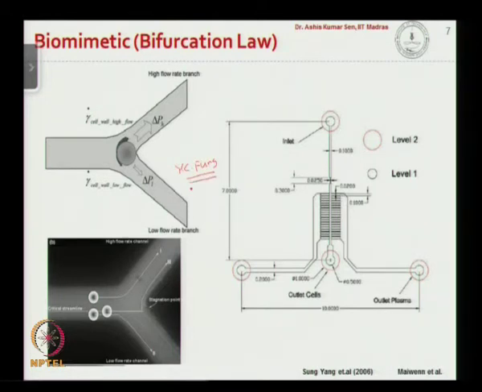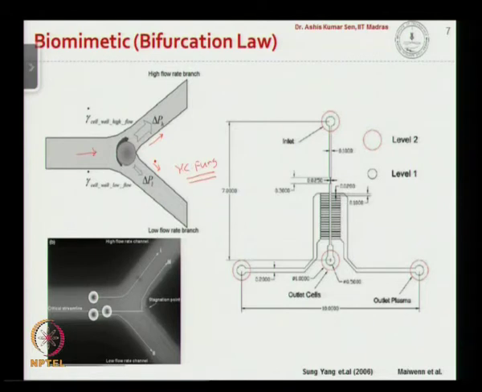What he found is that a cell has a tendency, let us say a cell is flowing along a channel and it encounters a bifurcation where the flow rates are different. So the flow rate here is higher, flow rate here is lower. The cell has a tendency to get into the high flow rate channel. Okay. So based on this principle, the particles and liquids can be separated.